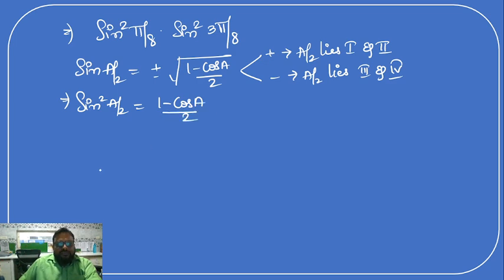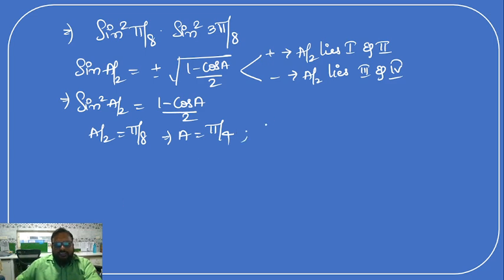Comparing this, the first condition A/2 = π/8 gives A = π/4.